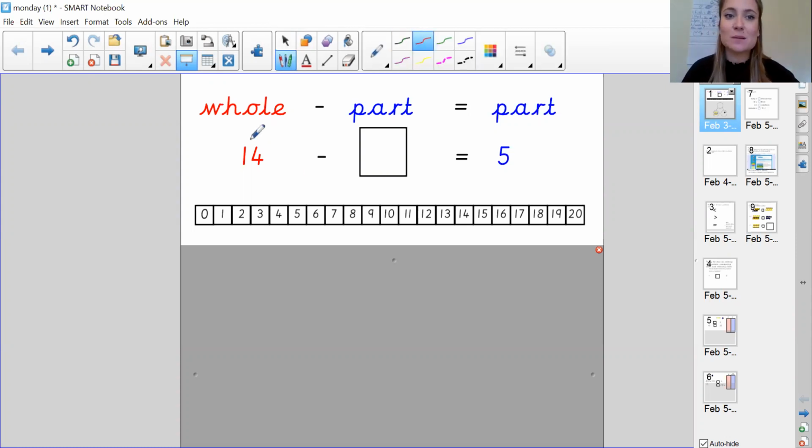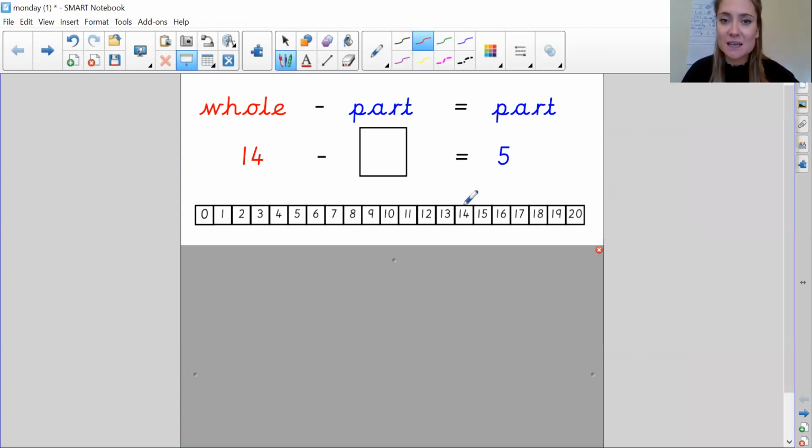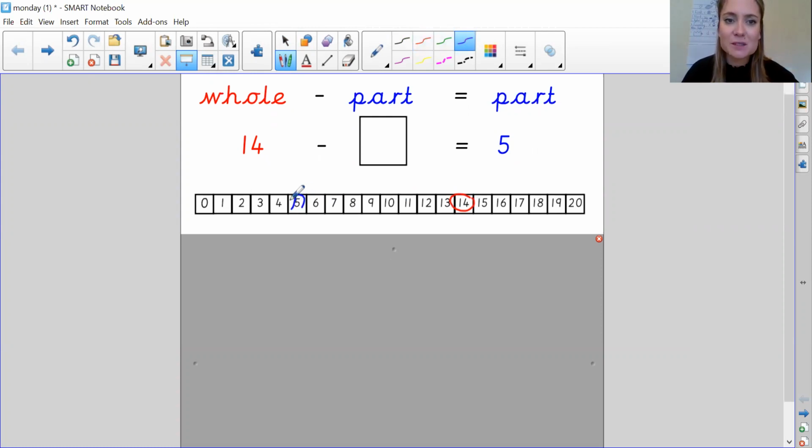Let's mark it. So we've got our whole is 14. And we took away something and we got 5. So we got a part of 5. Oops, screen went a bit funny then. So I've got to find out what I don't know, which is my other part. How am I going to find that out?